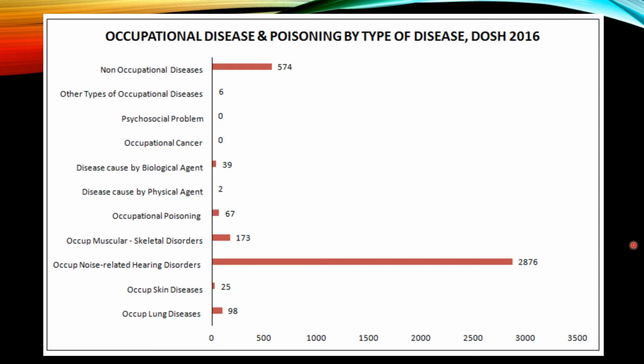For example, another major occupational disease is occupational musculoskeletal disorders. This includes low back pain. If you sit at your computer workstation every day for 6 to 8 hours, sooner or later you're going to get low back pain. So that's an example of occupational musculoskeletal disorders.